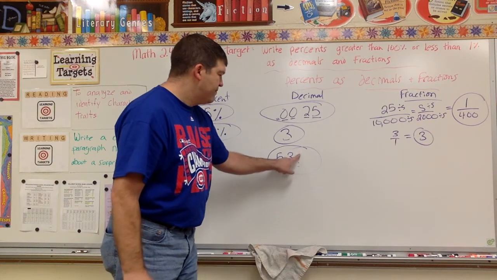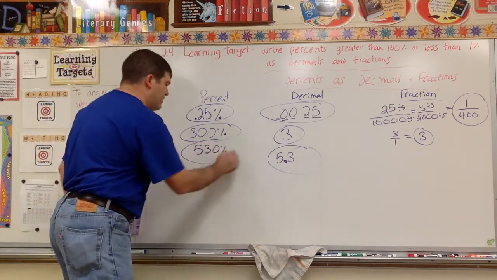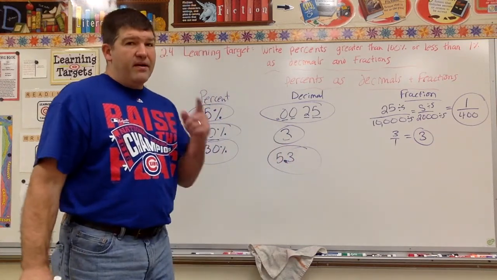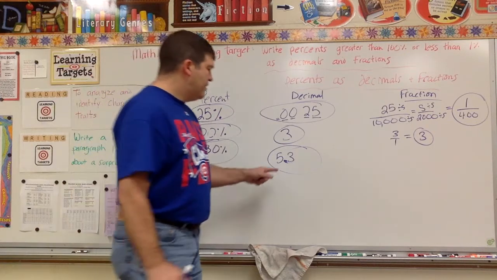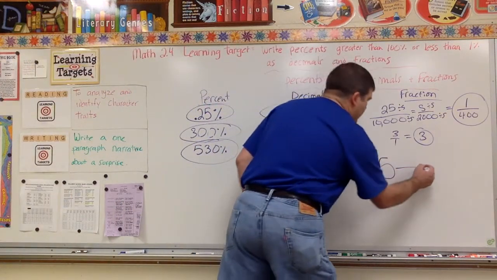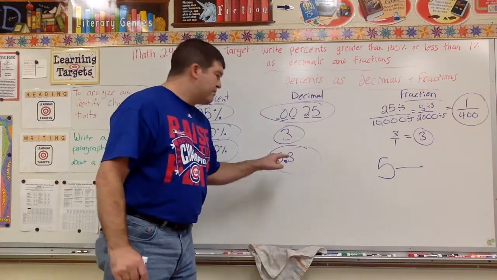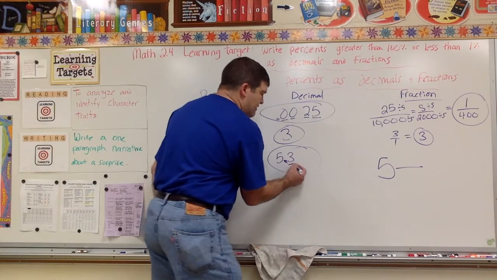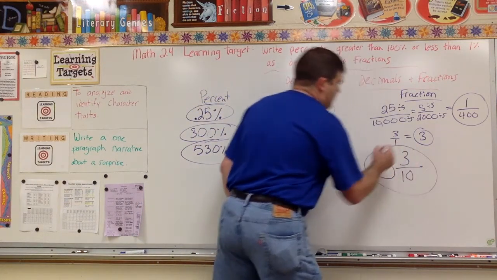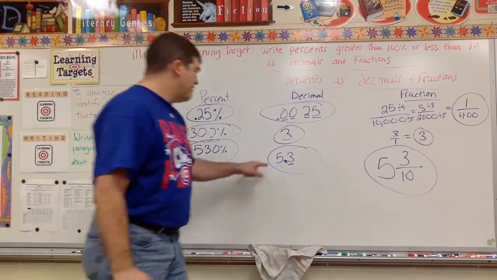No. So my decimal, 530%, is the same as 5.3. Now, to put it into a fraction, I know I have 5 whole numbers, and then 0.3 is a fraction. It's 3, and this is tenths, 5 3/10. Okay, 5 3/10.